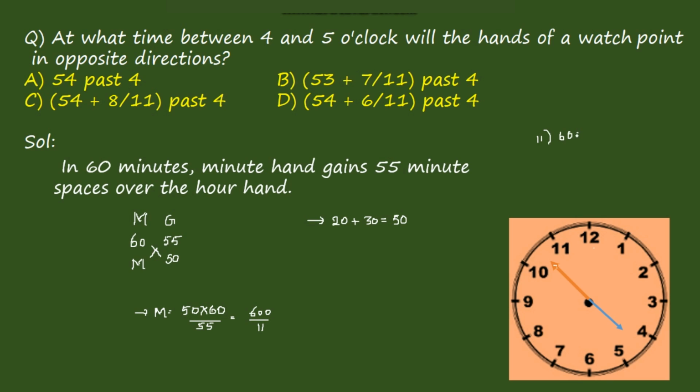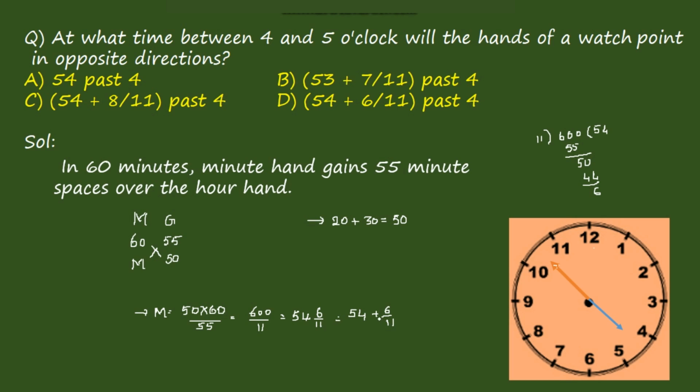600, 5 elevens are 55, we get 50, and it becomes 4, it is 44, and it becomes 6, which is equal to 54 and 6 by 11, which is also equal to 54 minutes plus 6 by 11 minutes.